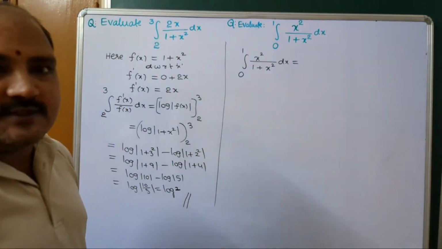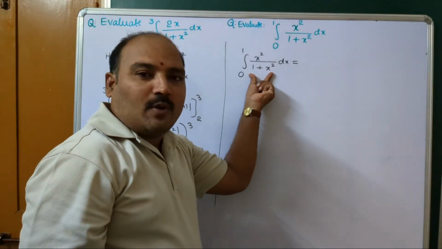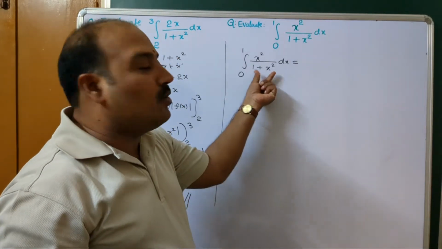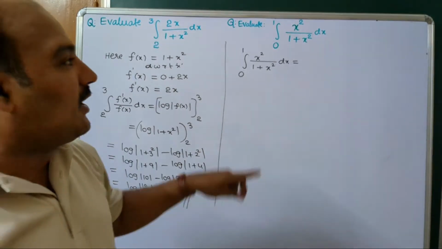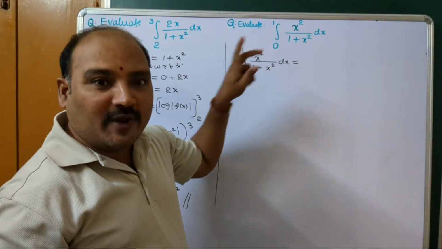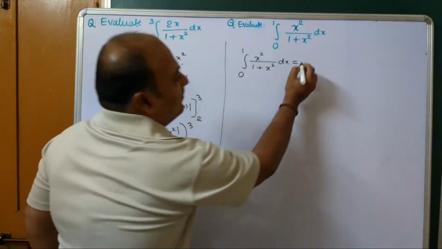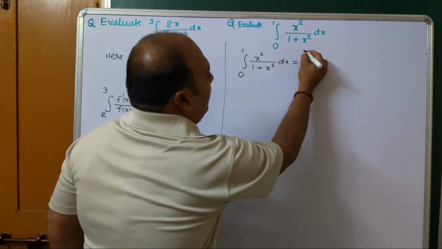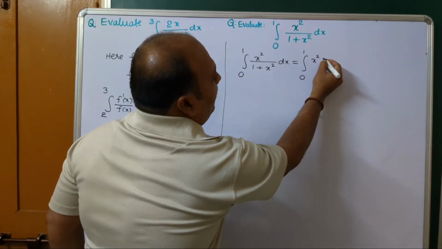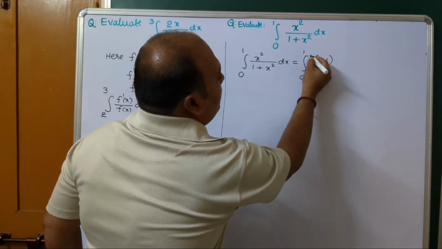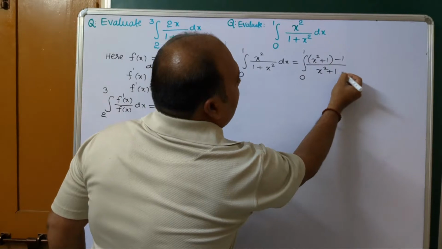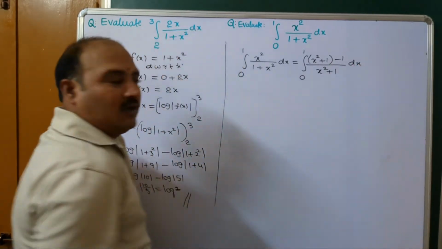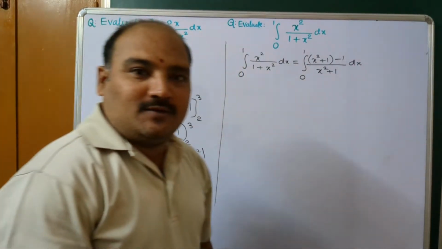What we have to do is, the denominator is 1 plus x square, so I want the numerator also to be 1 plus x square. By adding and subtracting 1 in the numerator, it becomes integral 0 to 1 of x square plus 1 minus 1 divided by 1 plus x square. I hope you understand.